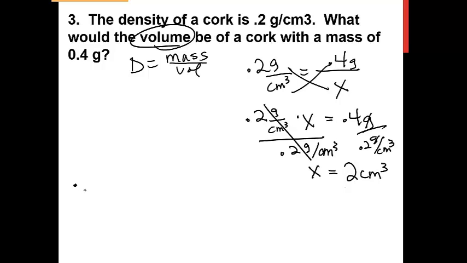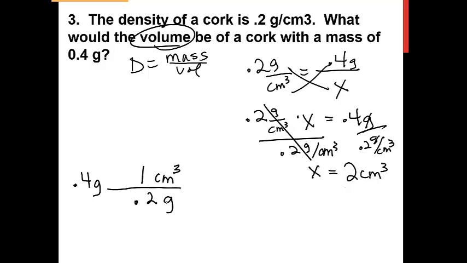Here is another way that you could set that up. I know some of you just love dimensional analysis and showing all of your units, but let's say that we have 0.4 grams, and we know because of our conversion factor, density is actually a conversion factor, 0.2 grams for every 1 centimeter cubed.